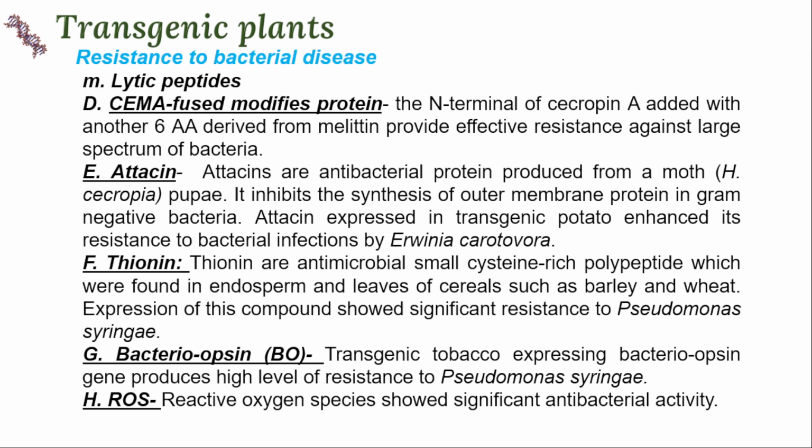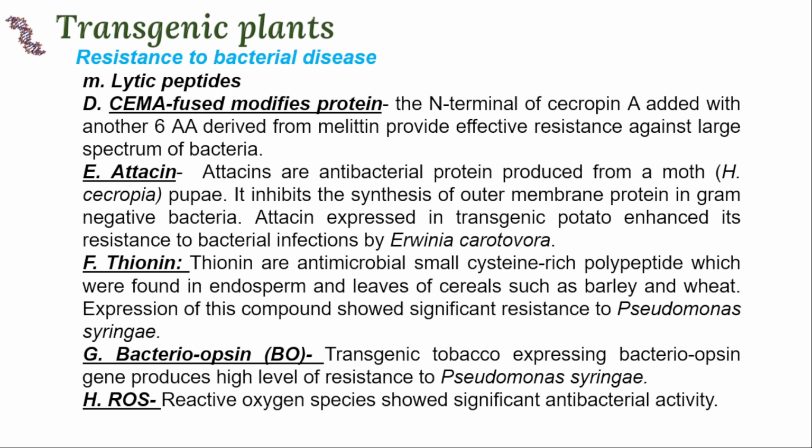And cecropin is mainly extracted from some moth pupa. We can observe that it has bactericidal activity that prevents the infection of Erwinia carotovora. Thionine is a chemical mainly produced from barley and wheat plants, and we will introduce that to many other plants so they can defend against infection by Pseudomonas type species.